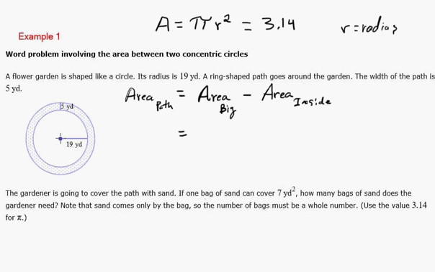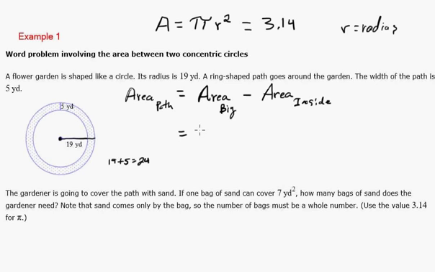For the big circle, it looks like the radius is 19 plus the width of the path, so 19 plus 5, which is 24.